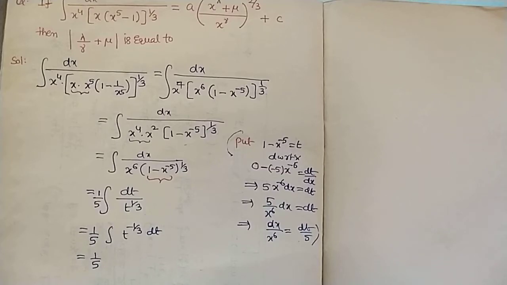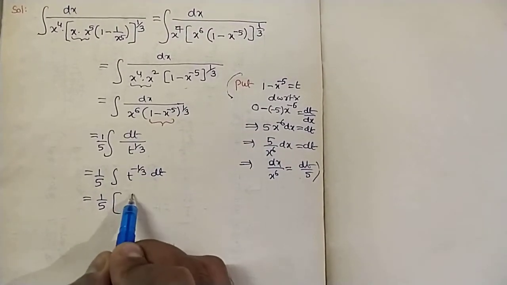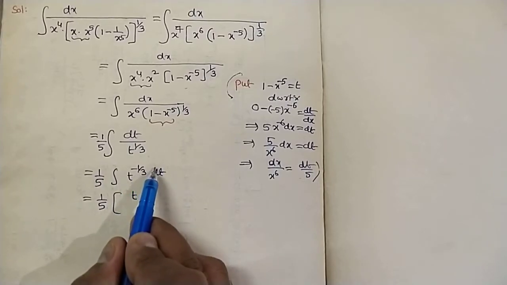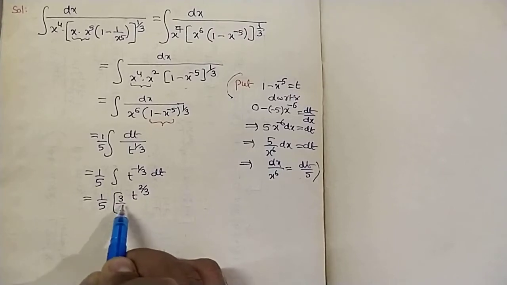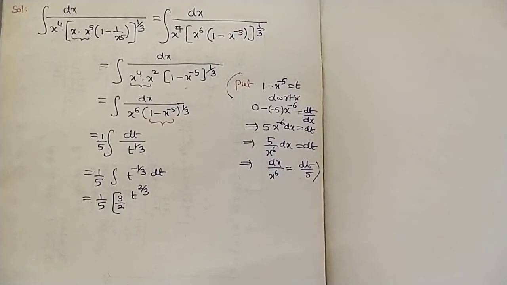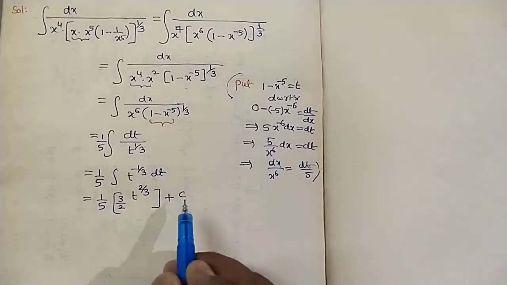So t power minus 1 by 3 plus 1 means t power 2 by 3, divided by 2 by 3, which becomes 3 by 2. I think everyone understands that. After completing the integration, plus c.